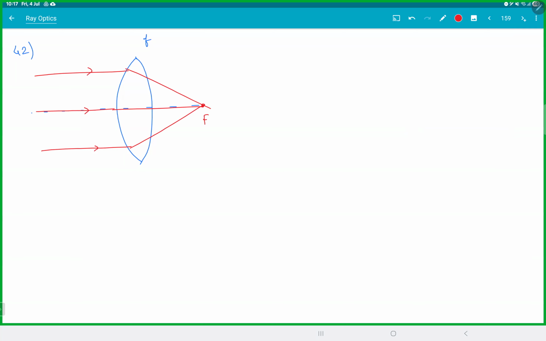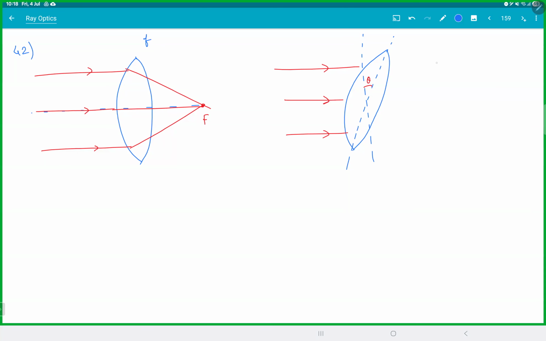Great. Then what you did, you tilted the lens by a small angle theta. The lens got tilted by small angle theta, and you still kept the same light rays, nothing changed. Now the image will not form at the same place, image will move somewhere.